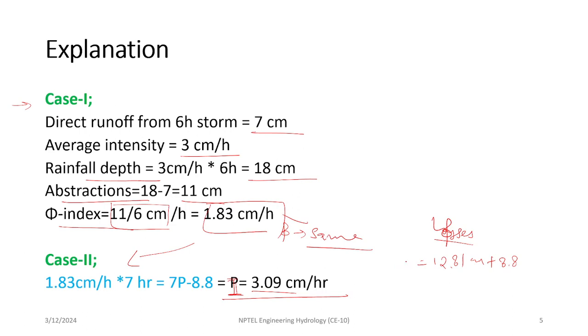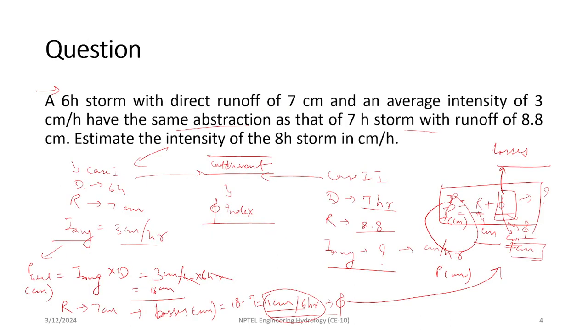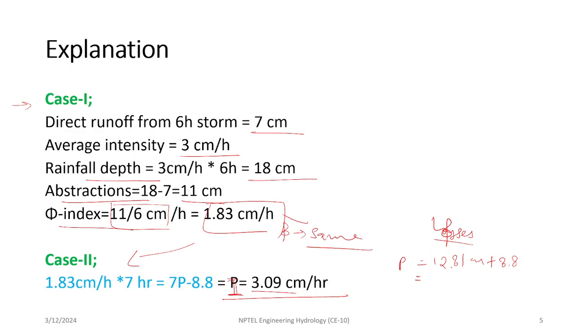If I am not wrong, P total should be 12.81 plus 8.8. Then if I divide it by the hours, 7, it should come to 3.09. It is right, because how much total am I getting?